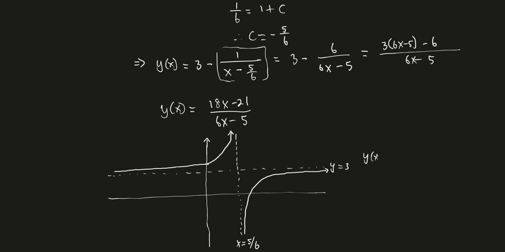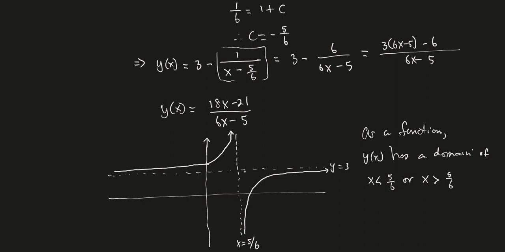So as a function, y of x has a domain of, and let me write it with inequalities, where x is either less than negative 5/6, and that would be this part over here, or x is greater than 5/6, and that would be this part. If I just gave you this and said give me a sketch and tell me its domain, this is what you would come up with.